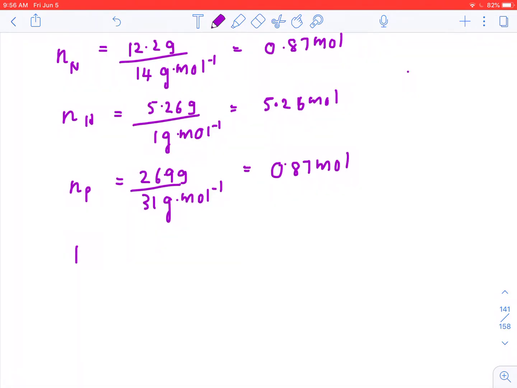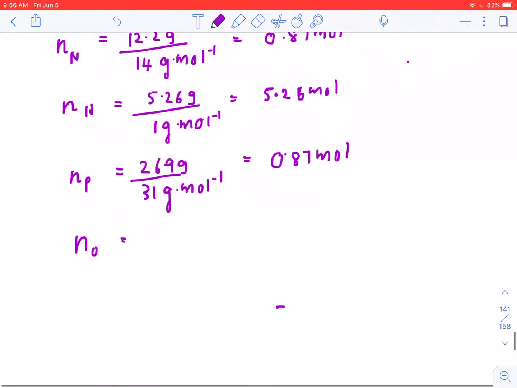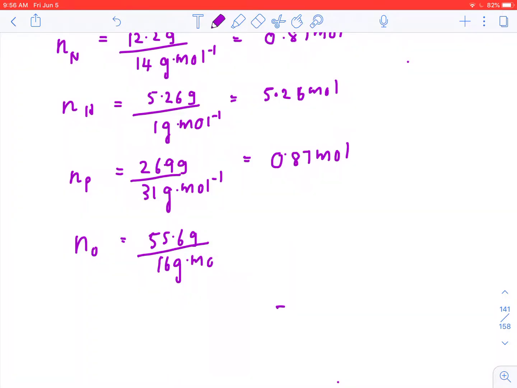Then we look at oxygen. That would be 55.6 grams, all upon 16 grams per mole, which is then equal to 3.46 moles. Okay, so we have that so far.